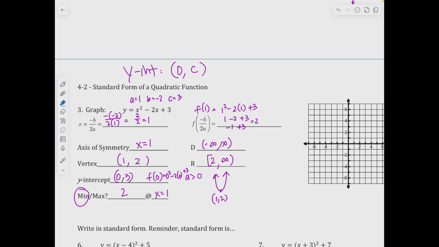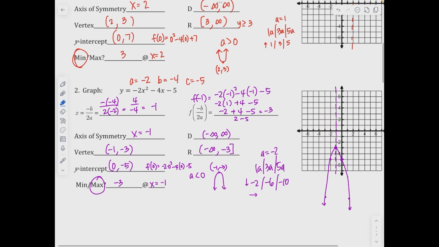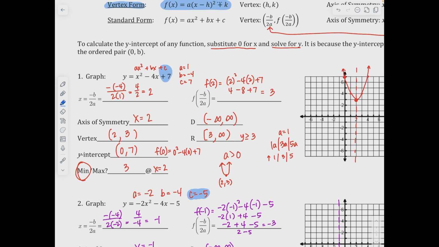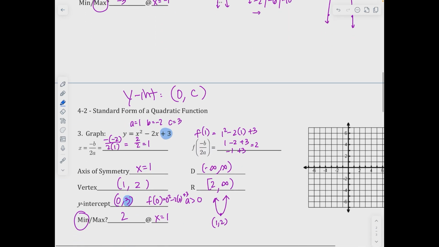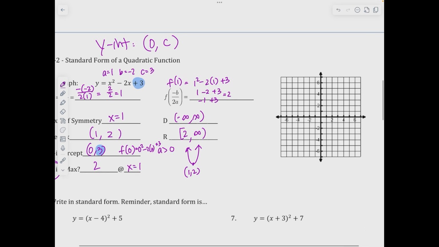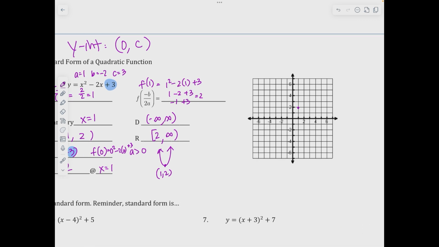Your constant 3 is your y-intercept. If you go back to the previous problems, your constant negative 5 was the y-intercept. Your constant 7 was the y-intercept. So whatever your constant is, that's your y-intercept. Okay, so now that we've discovered that, I'm at 1, 2.